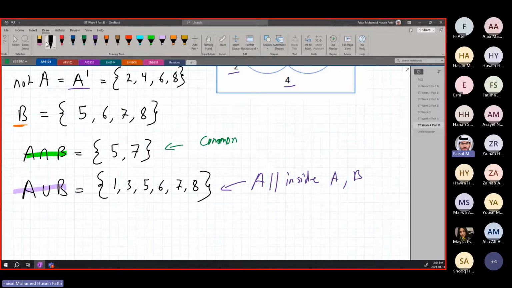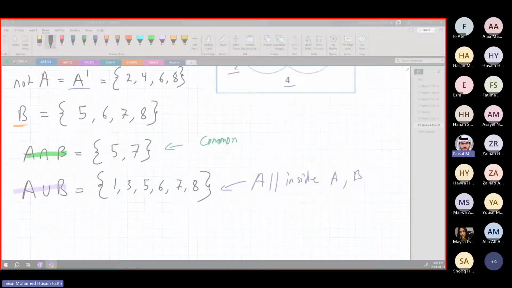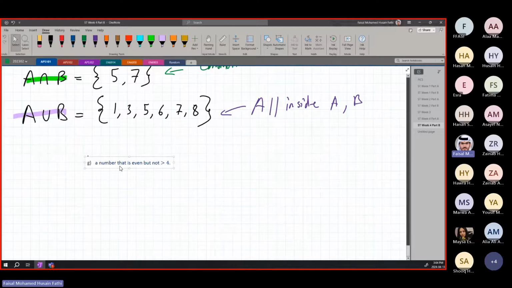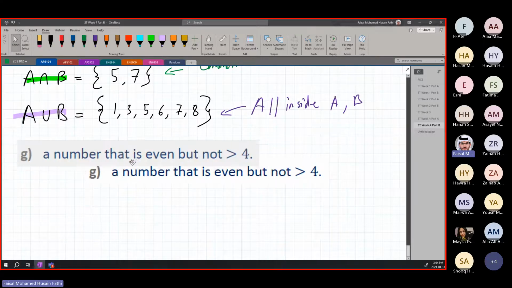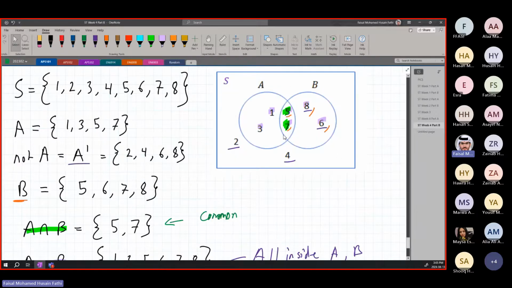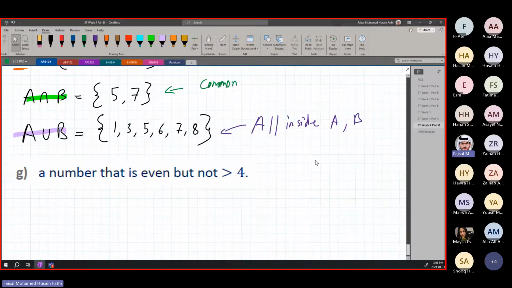Now, the question says a number that is even but not greater than 4. So the question says find a number that is even but it is not greater than 4. So let's look at this. What is an even number that is not greater than 4? We have the number 2 and that's it, because the even numbers are 2, 4, 6, and 8. 2 is the only number that is not larger than 4.